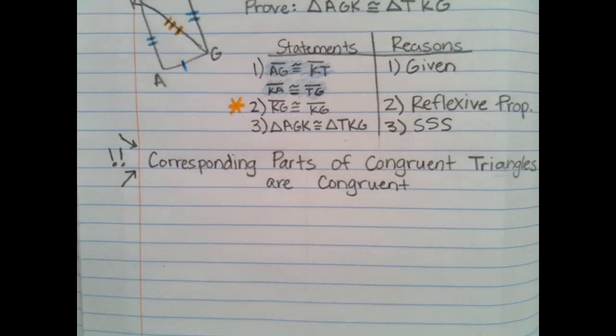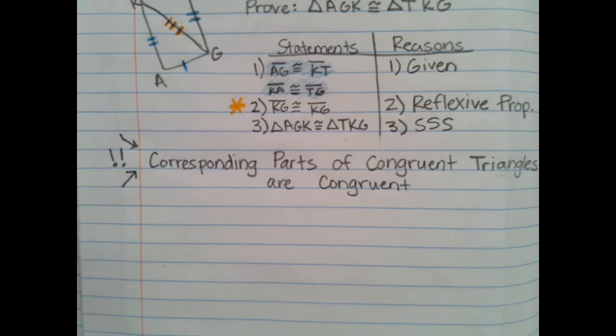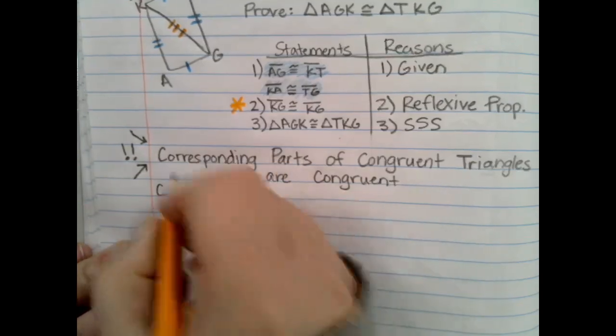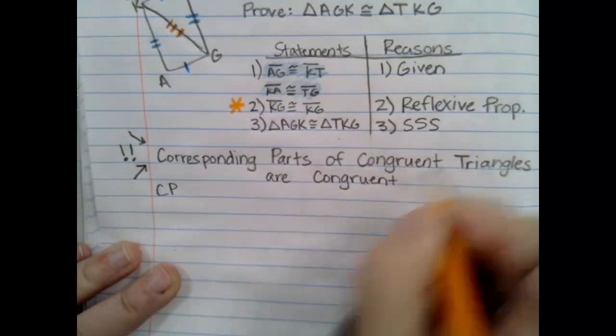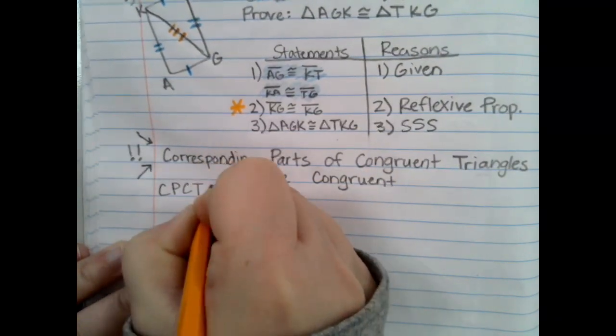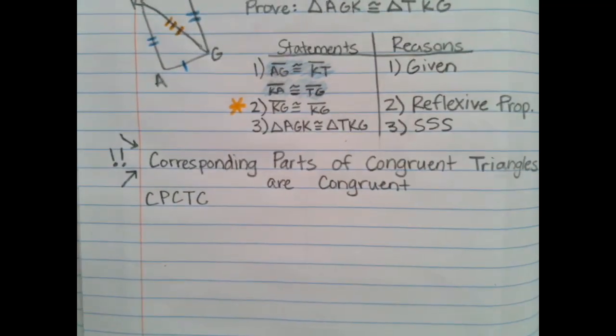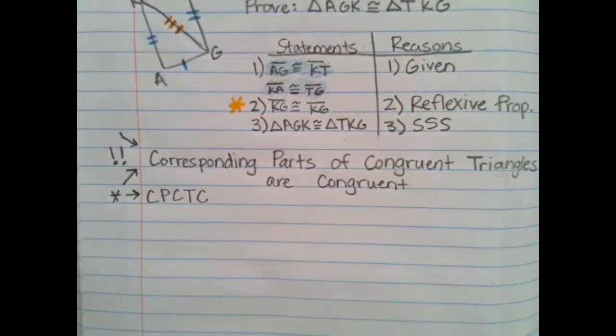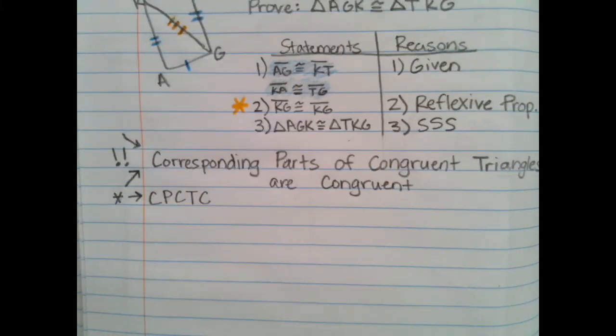Corresponding parts of congruent triangles are congruent. So, because it's really long, we do a handy-dandy abbreviation, and we call it CPCTC. Really important today. Just all the things over here.